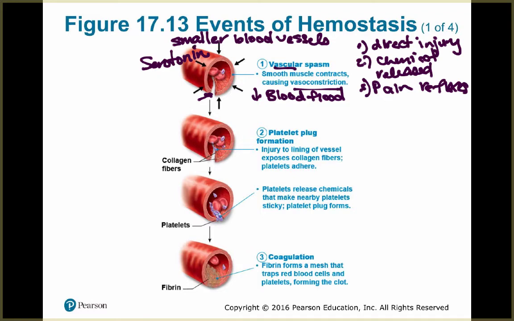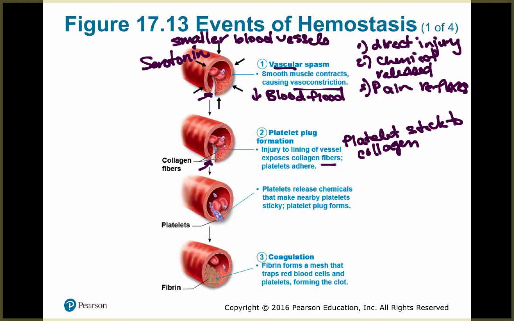Now, step 2 is platelet plug formation. You have that injury here, and that exposes collagen fibers. Because the collagen fibers are exposed when the vessel is damaged, platelets are going to stick to it. Platelets generally don't stick to intact vessels because collagen isn't exposed.